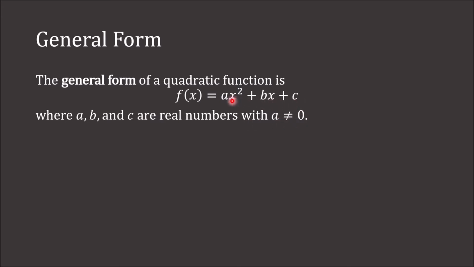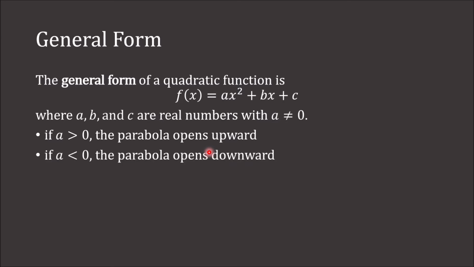If a was 0, then this would simply be linear, which is why we restrict a to not be 0. If a is greater than 0, so that is, if a is positive, the parabola will open upwards. If a is negative, the parabola is going to open downwards.